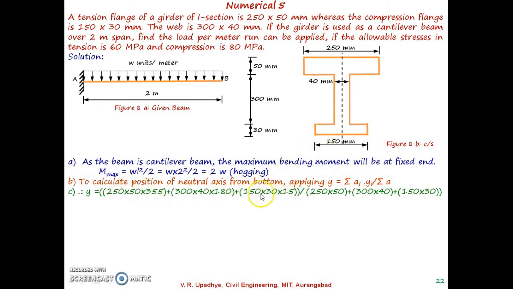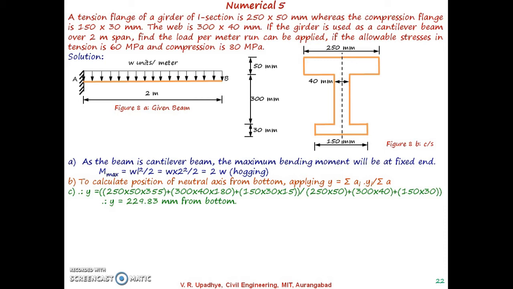Now this part, A1 Y1 plus A2 Y2 plus A3 Y3, is divided by the sum of the complete area. That is 250 by 50 top flange, 300 by 40 web, and 150 by 30 bottom flange. If you calculate this, it gives us Y as 229.83, as you have taken moment of all areas about the bottom.